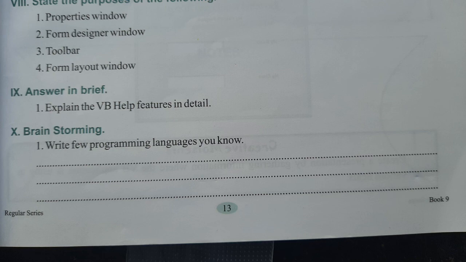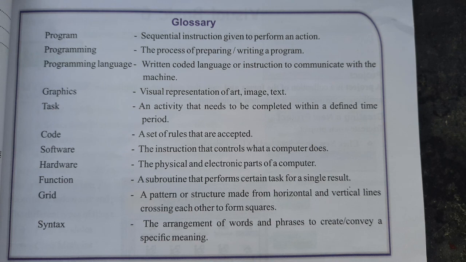We can develop and create our own programming statements in VB using these features. And next one, brainstorming, a simple question. Write any other programming languages, C, C++, Java, .NET, ASP. You can write whatever programming languages you know.